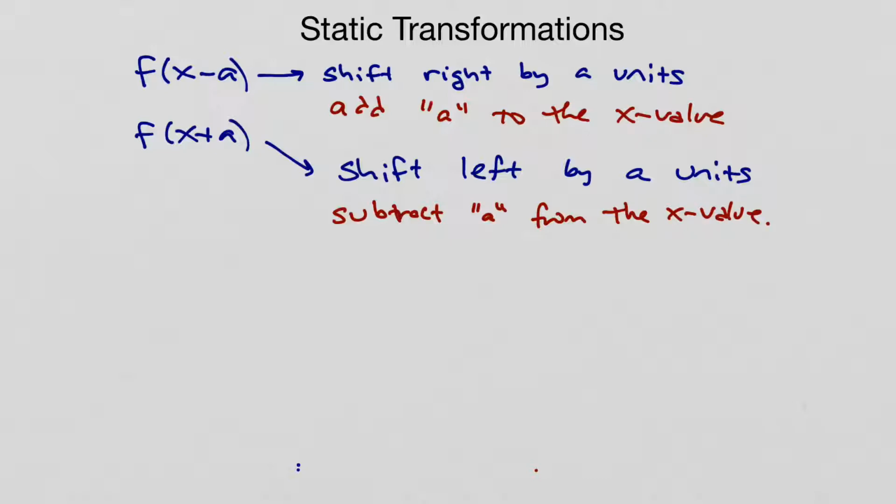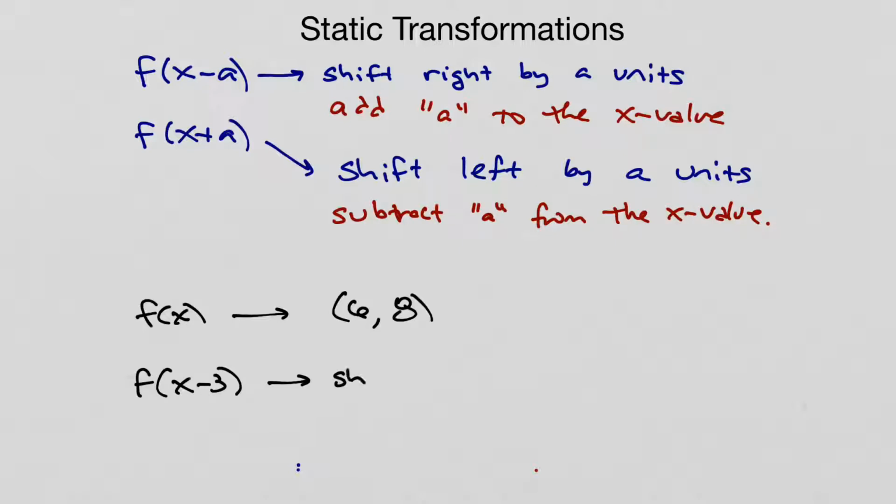So if I have some function f of x, and f of x has the point 6, 8 on it, right, then what is f of x minus 3 going to do to that point? Well, this will take that point and shift it 3 units to the right. And the way we're going to handle that is we'll just add 3 to the x value. So that becomes 9, 8.